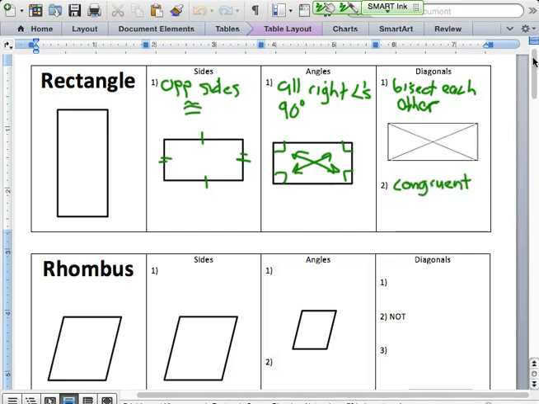Okay, so for a rectangle, these two bisect each other, but they also bisect each other in such a way, since they're congruent, that all four pieces are the same. So this isn't going to be 2 and 2 because they're the same length. So when I bisect each one, the resulting segments are all the same.